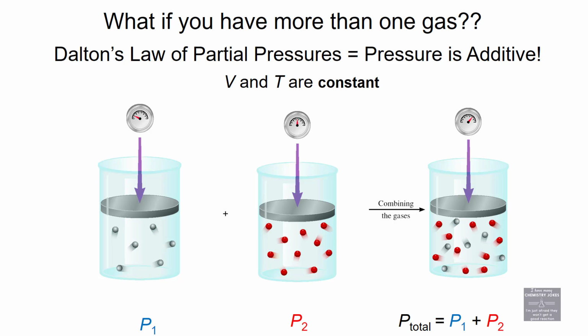So this P1 is called the partial pressure of gas 1. Oh, that's great spelling. P-R-E-S-S-U-R-E. Oh, that's totally illegible. Made it worse. P2 is called the partial pressure of gas 2. So the total pressure in the chamber is comprised of the partial pressure of P1 plus the partial pressure of P2 to get me P total.